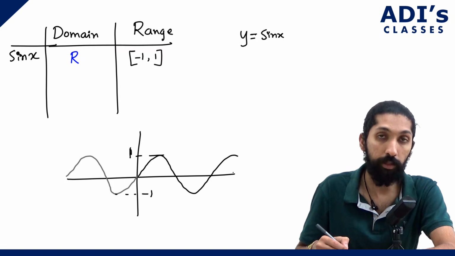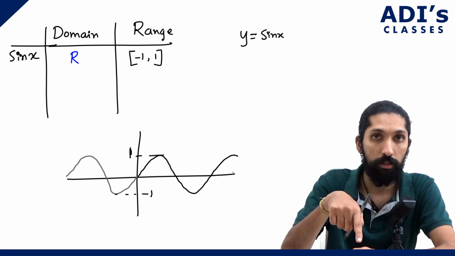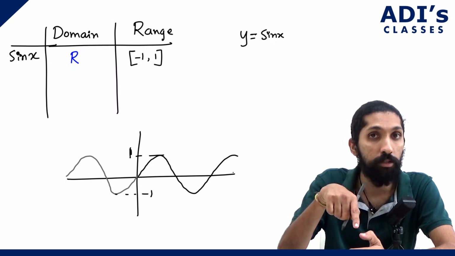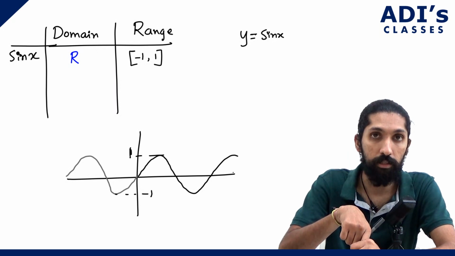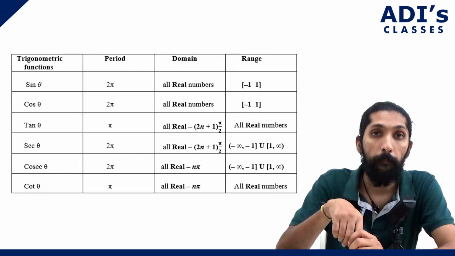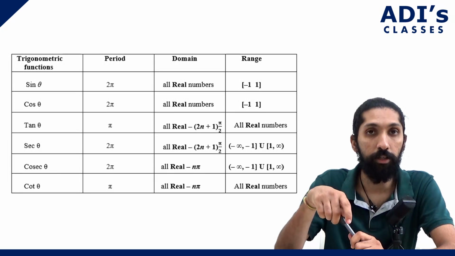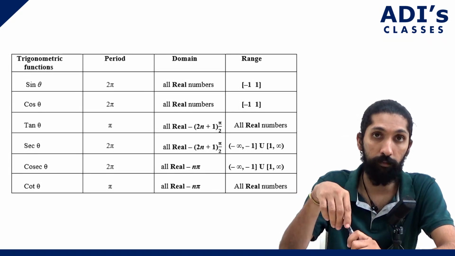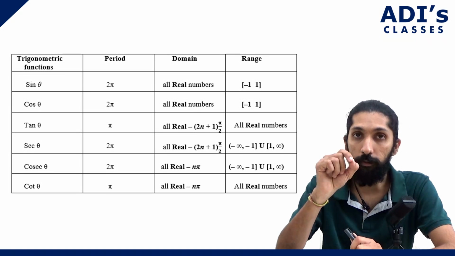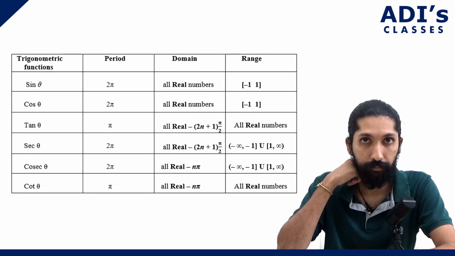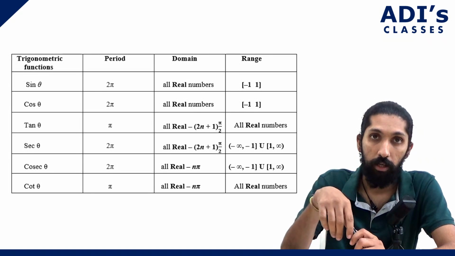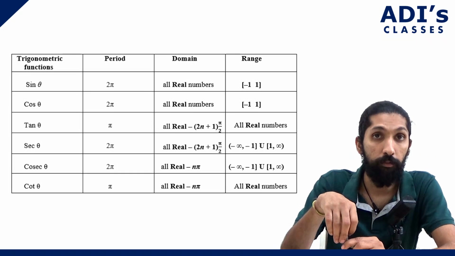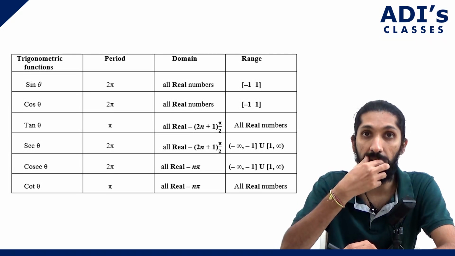Of course, both included. Same thing we have for cos, and similar for all 6 trigonometric functions. Make sense? So, as you can see here, this is the range and domain of all 6 trigonometric functions. In some of the functions, you see a minus sign in the domain, and even in the range.